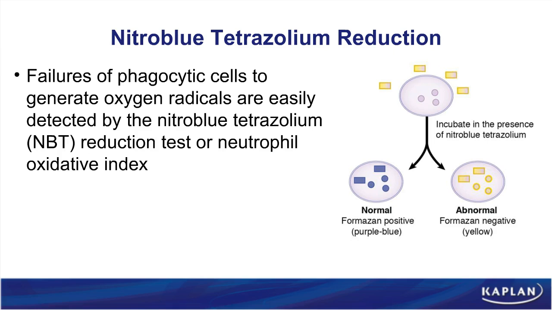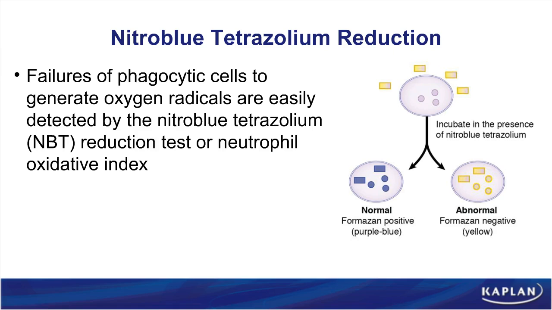So we have to look at some clues that will help us out along the way. One of the clues that they can put into those questions is something about an NBT test. Whether or not it's positive or negative can help you decide if you're going to say, okay, I'm answering this question as if it were CGD, or nope, I have to look elsewhere.